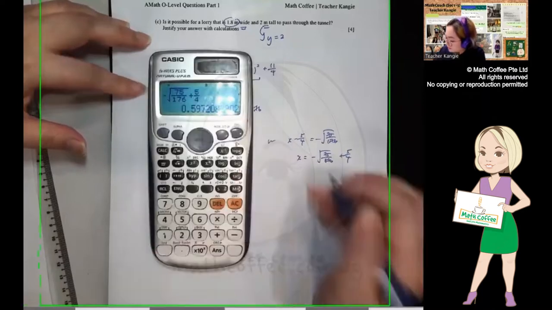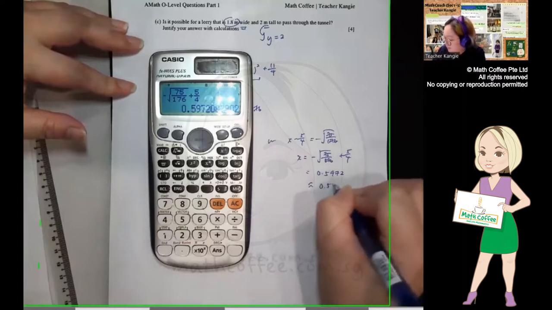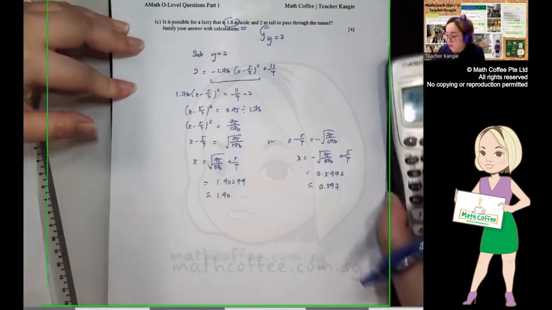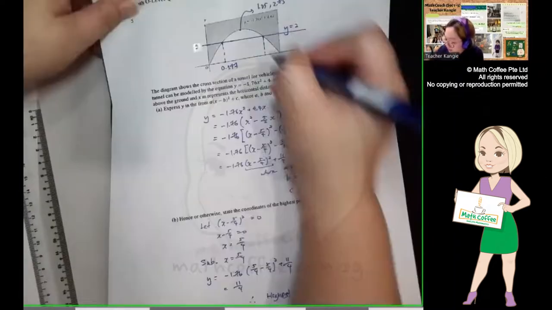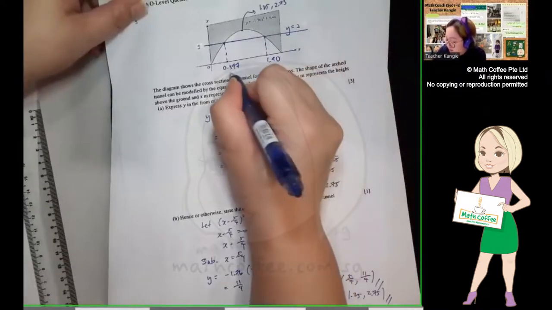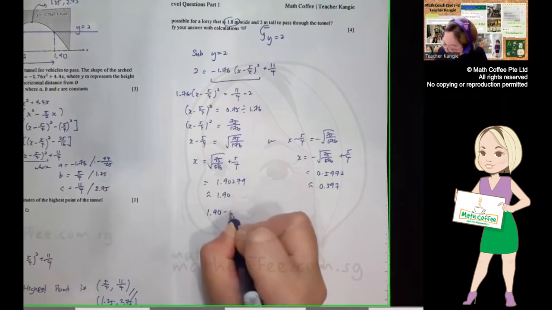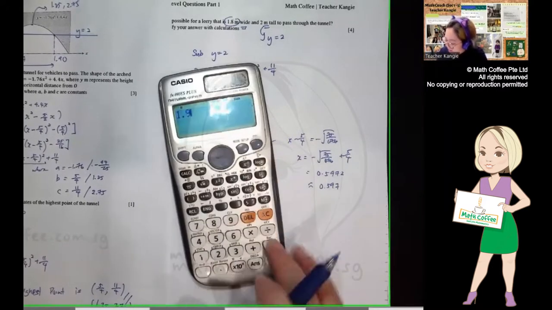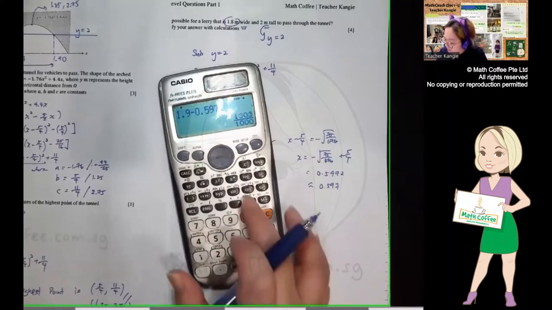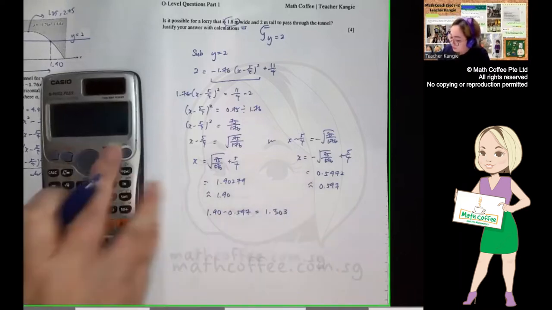So we have 0.5972, which is 0.597. Now go back to our diagram. The 0.597 is here, and the 1.9 is here. So let's find out what the width is. We're going to take 1.90 minus 0.597, which gives us 1.303.